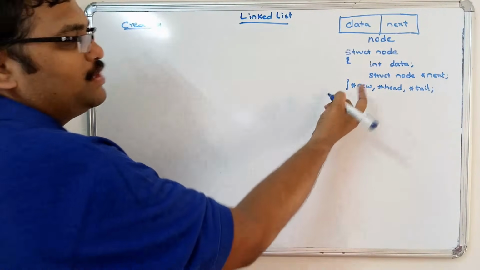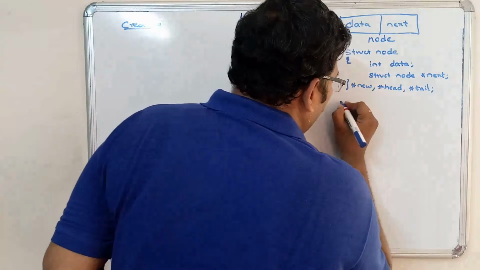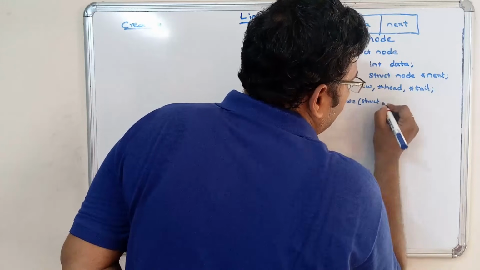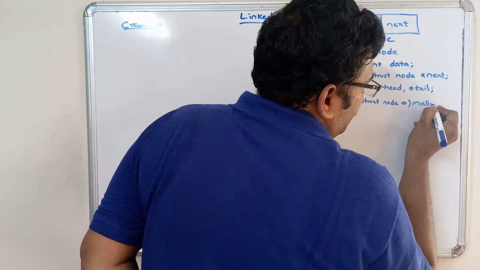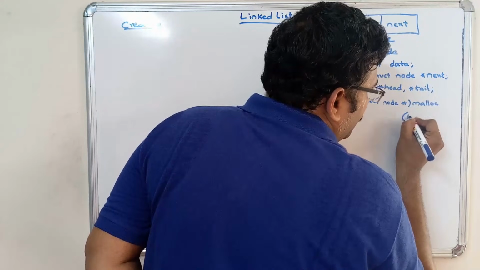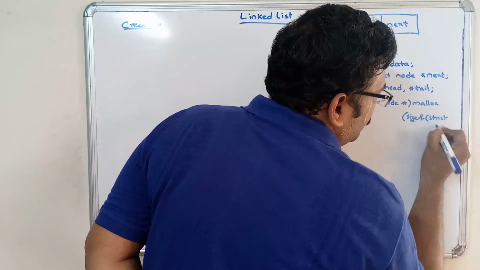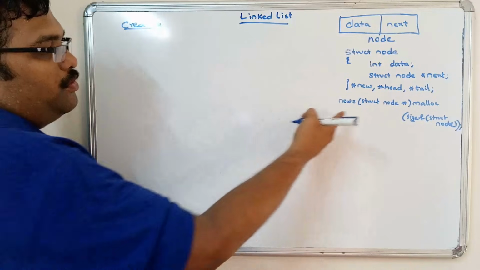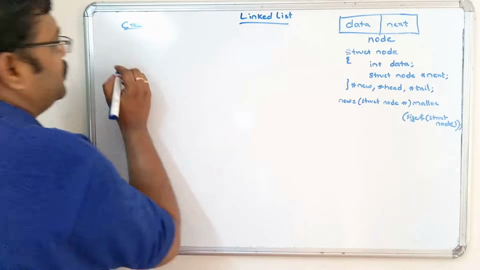So after creating this one, we have to use a dynamic memory location. New is equal to struct node star malloc size of struct node, right? So every time the new will be allocated.